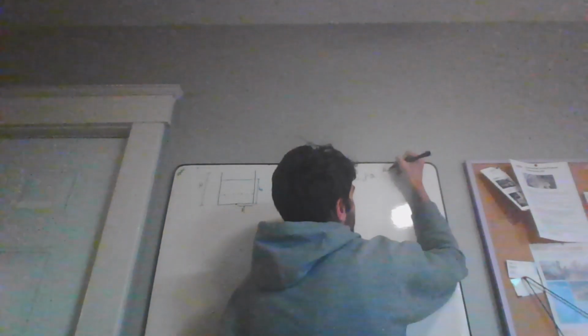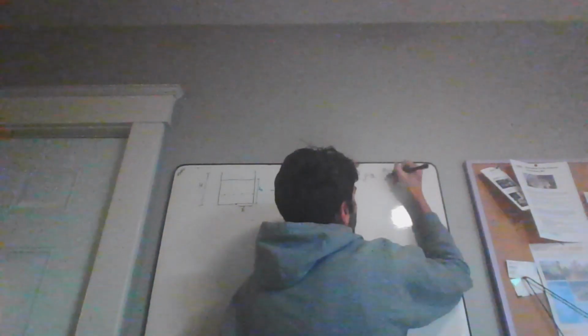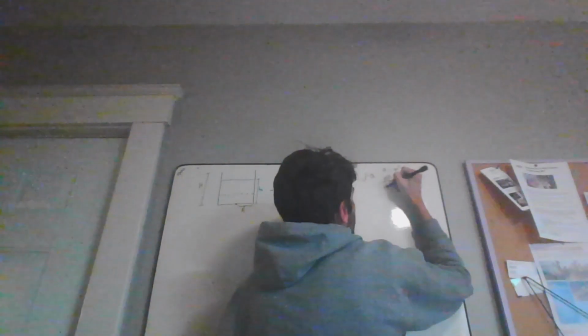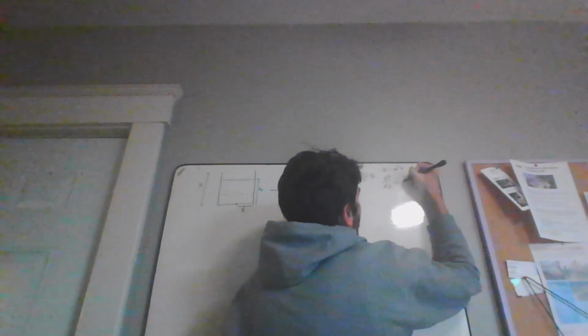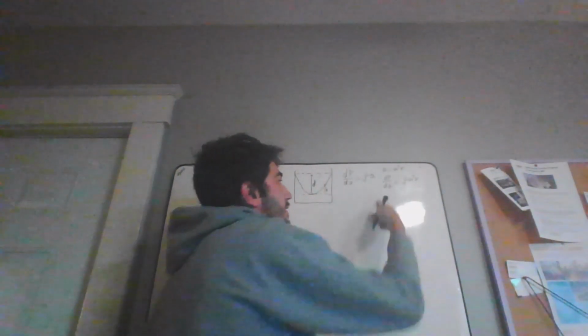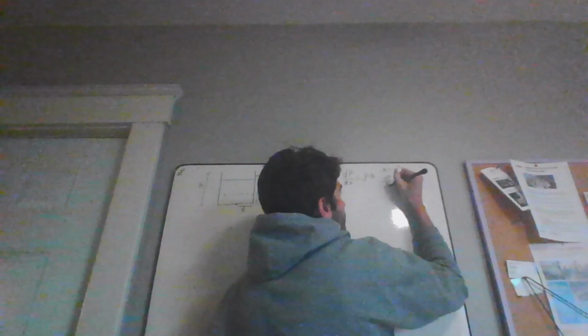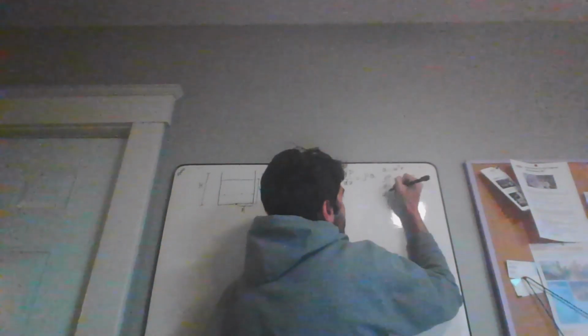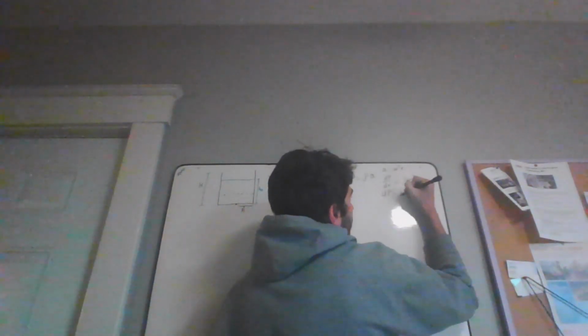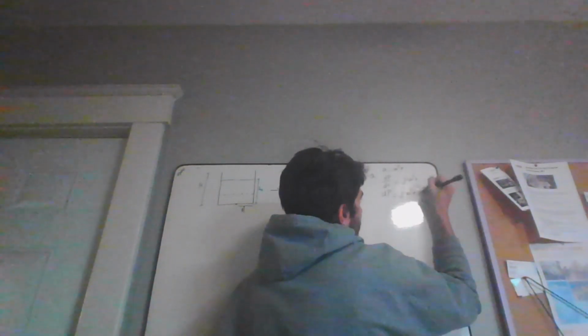We know that a is simply equal to omega squared R, so we can rewrite this as the change in pressure with respect to the change in z is equal to rho omega squared R. However, we're not using dz. We're using a radius, so we can rewrite this as rho omega squared R dr.